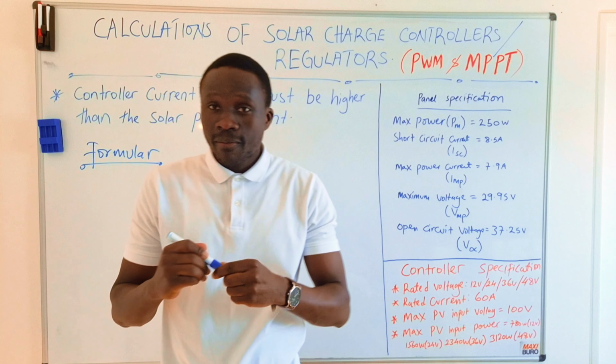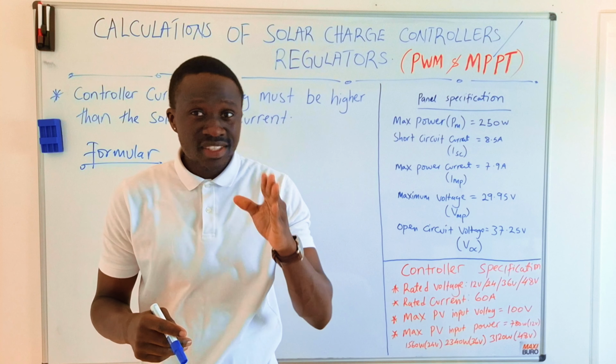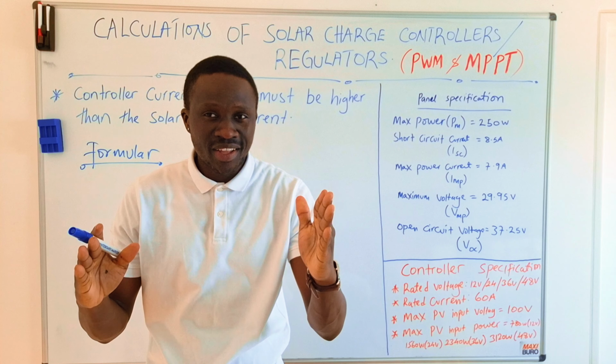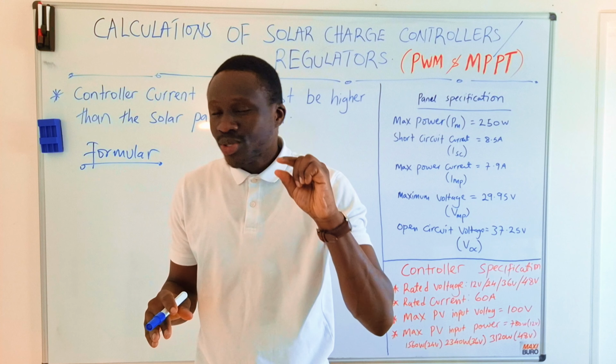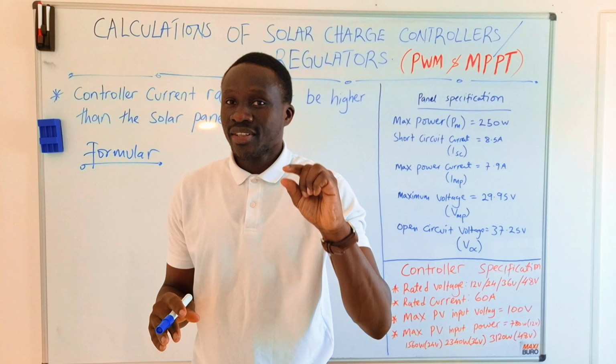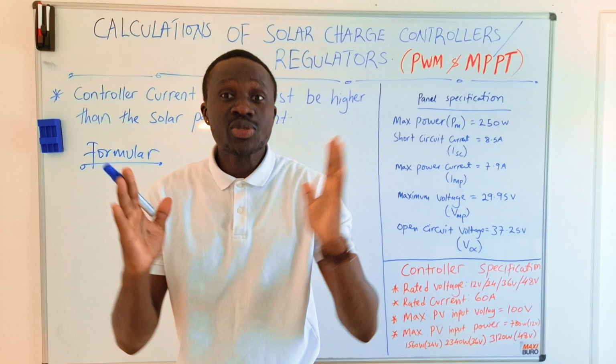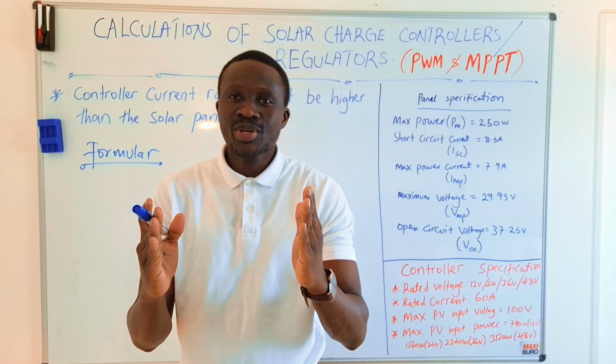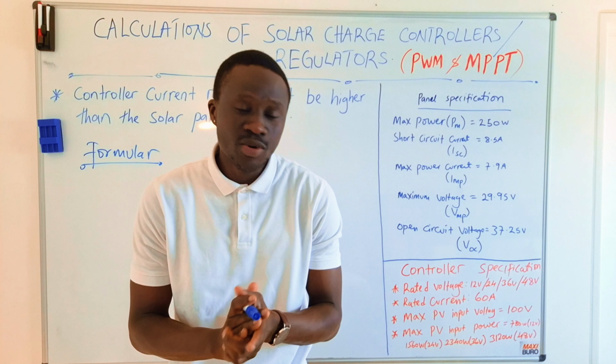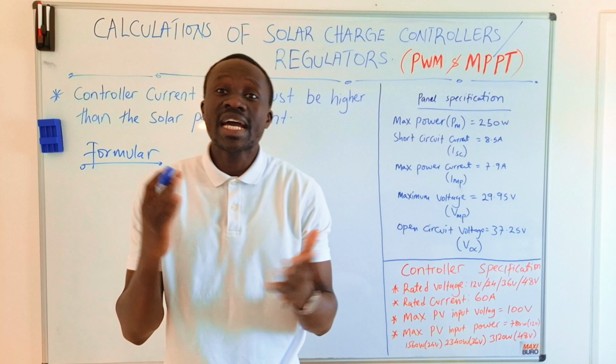This is a simple calculation for the charge controller. We are looking for the current, because a charge controller talks about currents. If you go to the shop to buy a charge controller, they will ask you for how many amps.